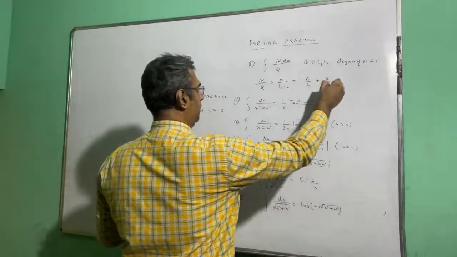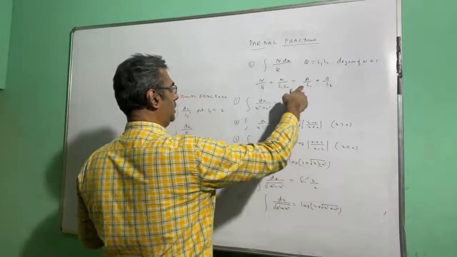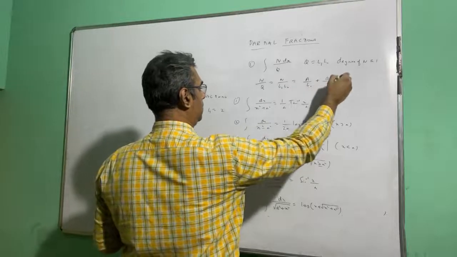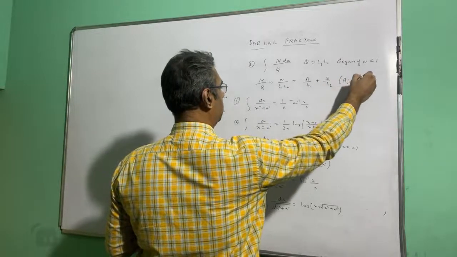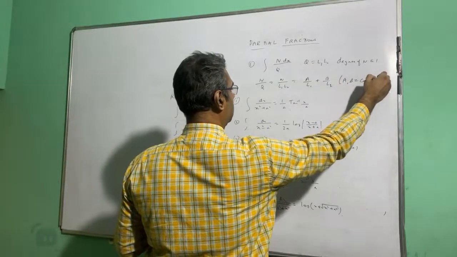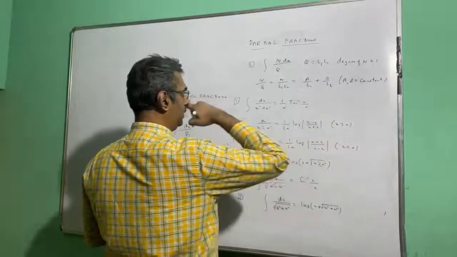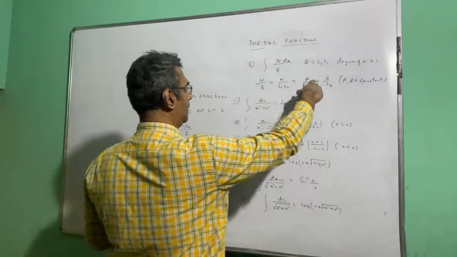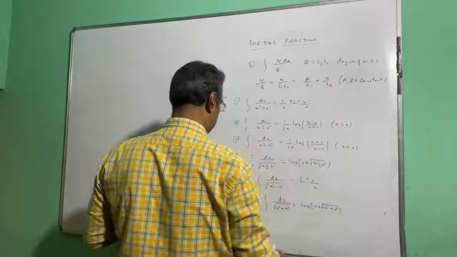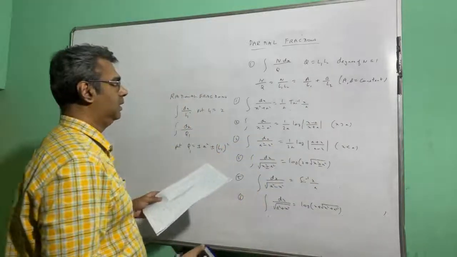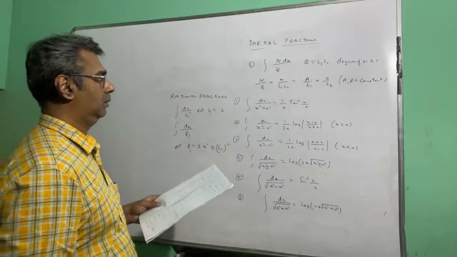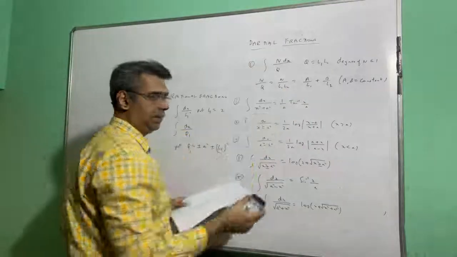So this type of splitting, n by L1 L2 is a by L1 plus b by L2, where a and b both are constant. This technique is called partial fractions.